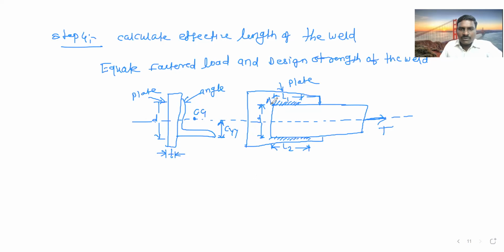This point we can say A point. This point is the A point. And this point we can say as a B point.